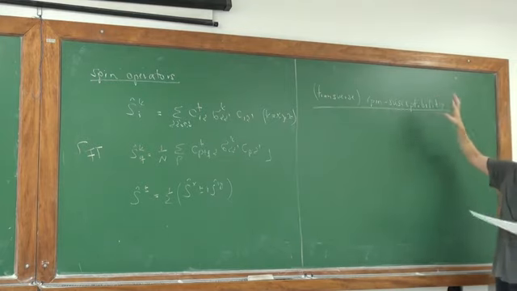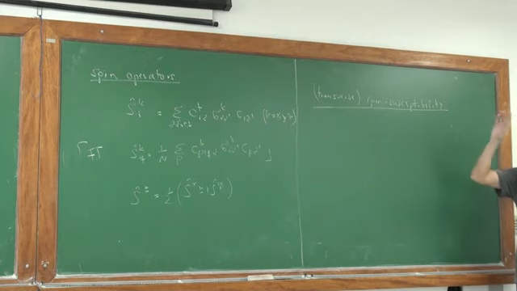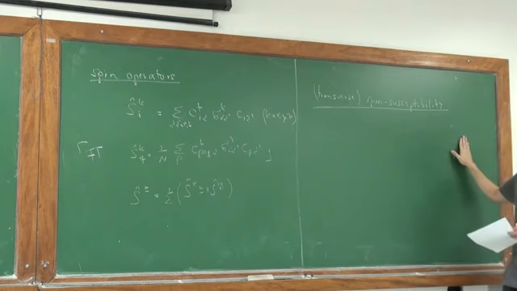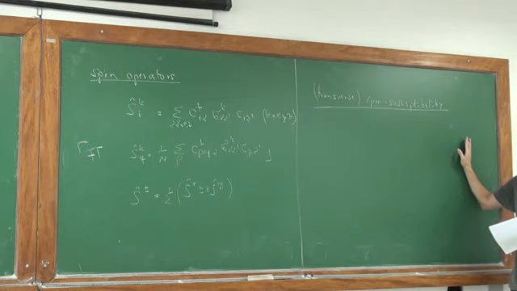Susceptibilities in general are 4-point correlation functions, so they involve 2 creation and 2 annihilation operators, so 4 operators typically. And susceptibilities are always in a way a good indicator for phase transitions. If there's something divergent there, this is a good indicator for phase transitions.